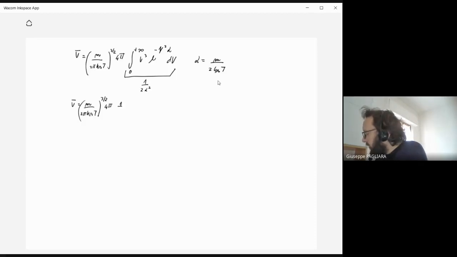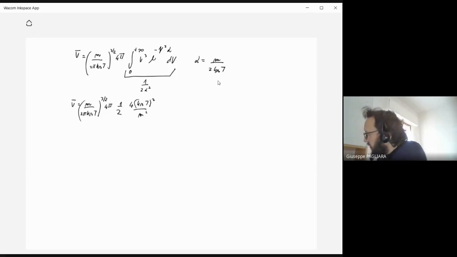Then I have 1 divided by 2, and then I have 1 divided by alpha squared, which is 4 kBT squared divided by m squared. Let me see if this is correct. So this is the average velocity. So it's m, 2 kBT, 4 pi, blah, blah, blah.